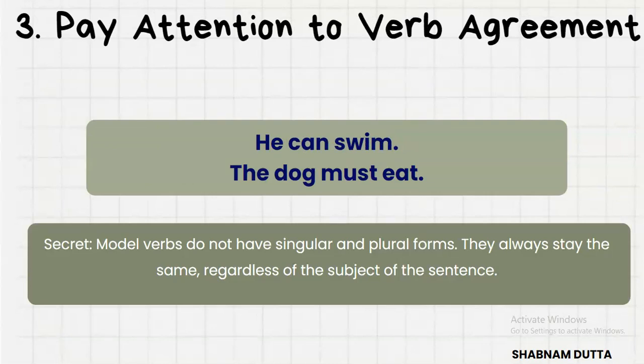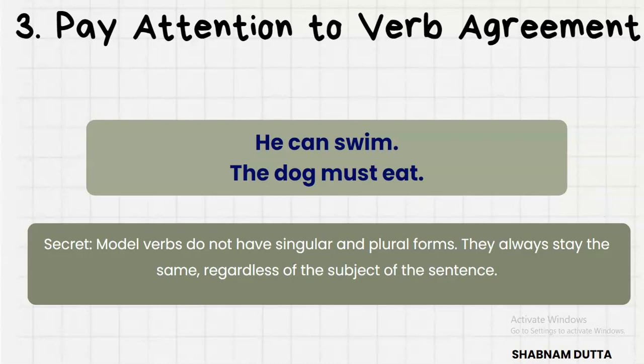Number 3. And this is something we should understand, that modal verbs agree with the subject of the sentence just like any other verbs. And there is a secret. The secret is modal verbs do not have any singular or plural form. They always stay in the same form regardless of the subject of the sentence.